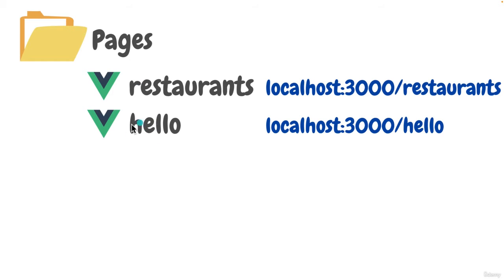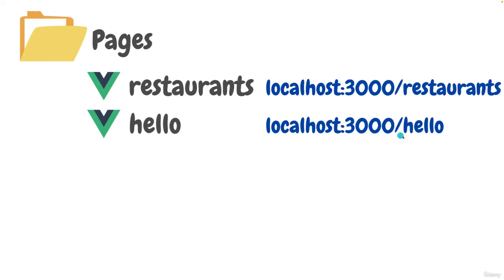We have this restaurants.view file, and when we go to localhost:3000/restaurants, which is the name of the file, it is going to take the template inside of this view file and render that. Now, let's say we create a file called hello.view inside of this pages directory. Then if we go to localhost/hello, it's going to render the template in this file.